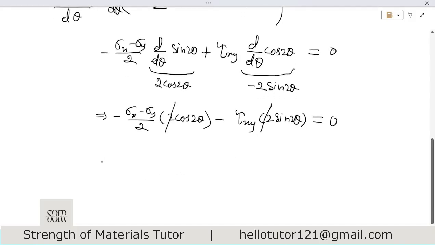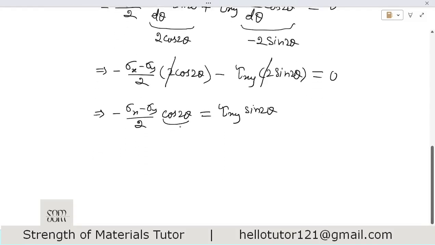Now if we rearrange this equation, if we send one term to the right hand side, we are going to have negative sigma x minus sigma y divided by 2 times cosine of 2 theta equal to tau xy sine of 2 theta, right? So let us throw this cosine of 2 theta to the right side and this tau xy to the left side.